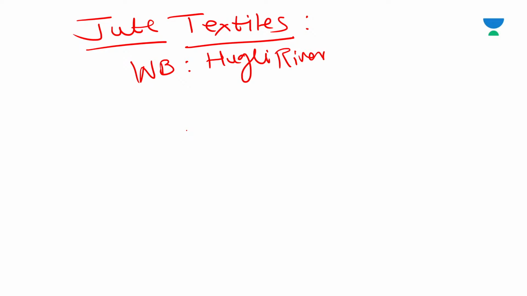The first jute mill was set up near Calcutta in 1855 at Rishra.